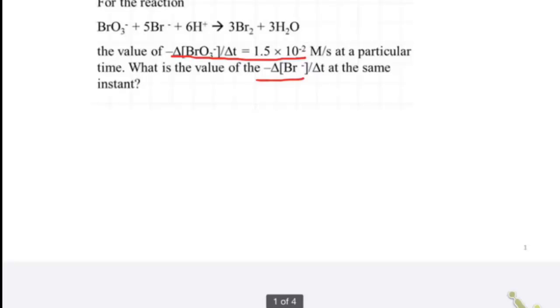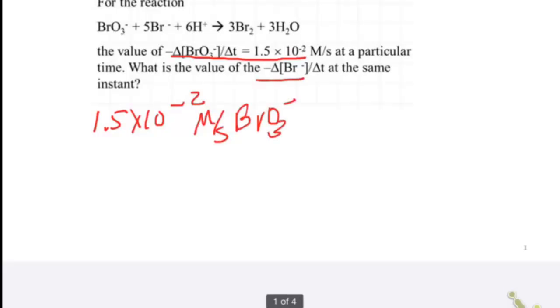Okay, so let's take a look. So I can basically use my stoich to do this, use the coefficients in the balanced equation. So if I say that I have 1.5 times 10 to the minus 2 molar per second for the bromate ion, and what I know in the balanced equation is I have 1 bromate ion for 5 bromine ions.